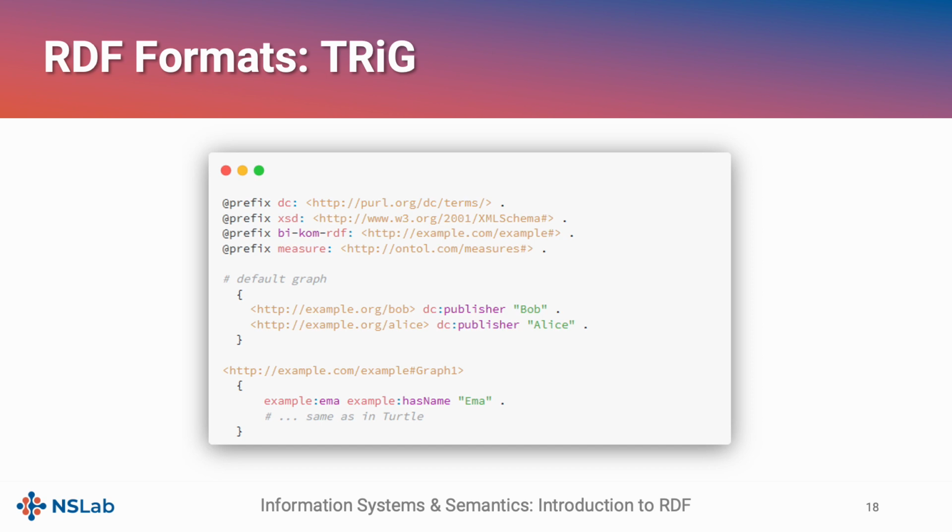And the second one has its own URL as a referent itself, so we could then use this URL to make some description of that resource as well. The TriG format does not restrict the number of subgraphs, so you could have as many subgraphs here as you need.